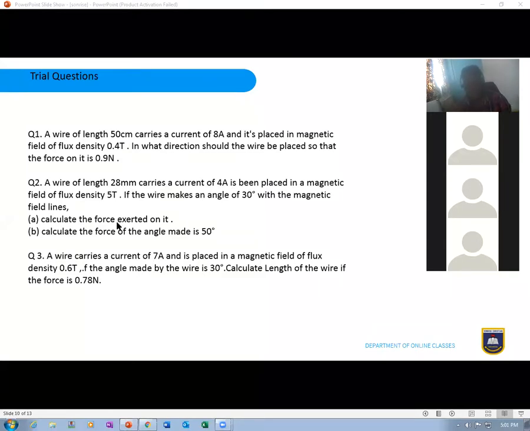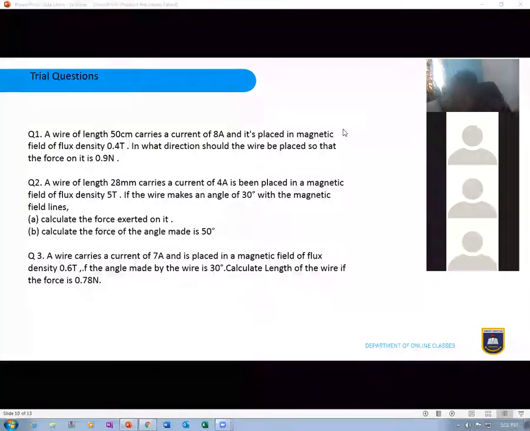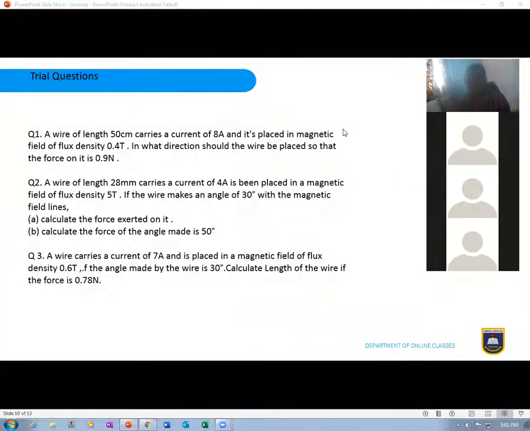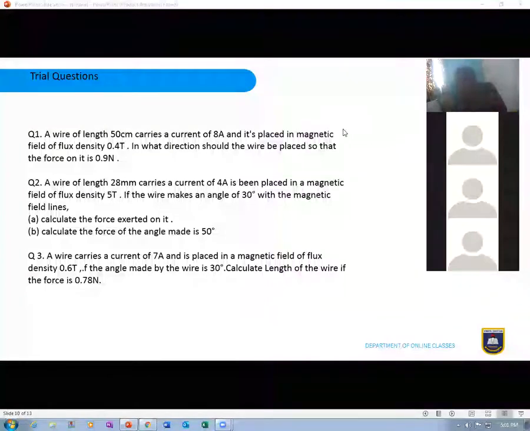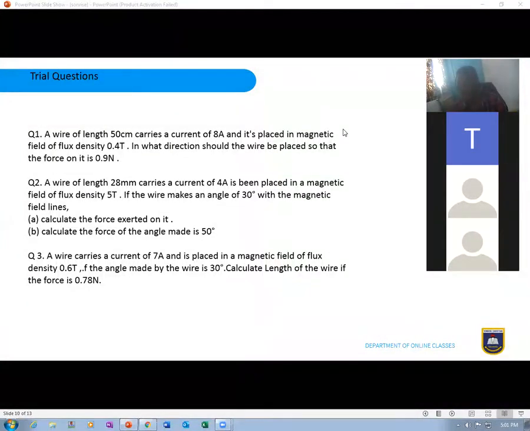So just input. Sir, what's the answer? I'm just verifying; I didn't solve it, so I'm verifying from you how you did it. Did you get the same thing?